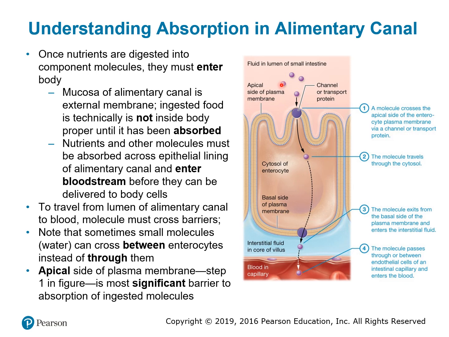The apical side of the plasma membrane of the enterocyte is going to be facing the inside of the organ, in this case the small intestine. And then the basal side is going to be facing towards the blood vessel, or away from the middle of the organ, which in this case is the small intestine.